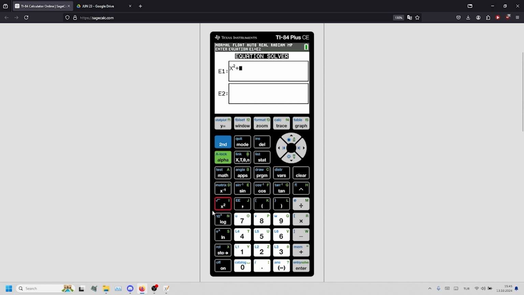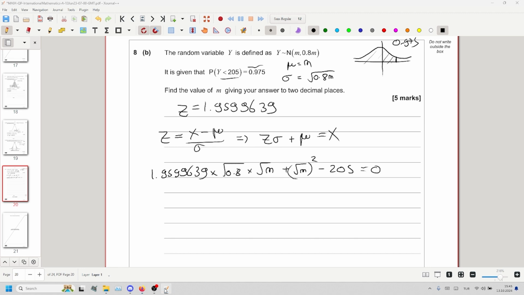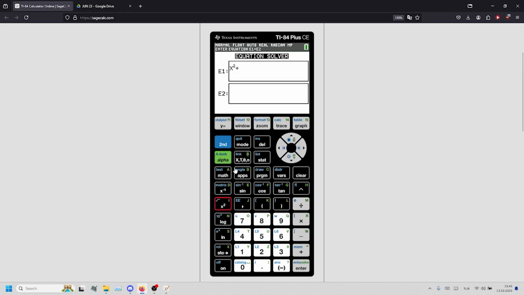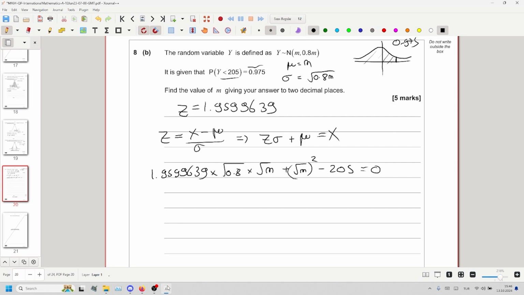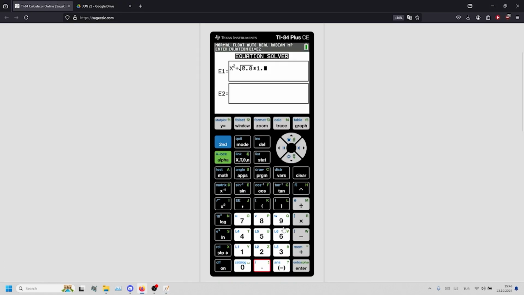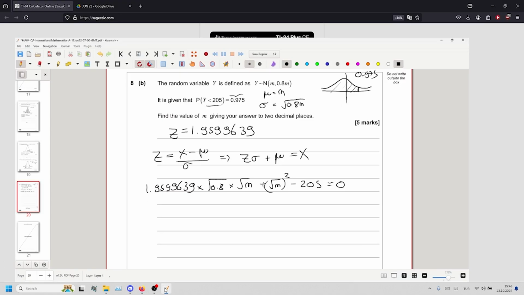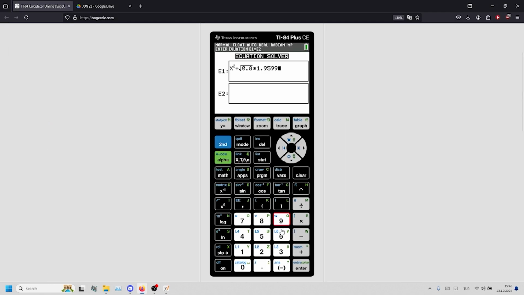So that is root m x plus root 0.8, so that would be the square root of 0.8 multiplied by 1.959969 multiplied by x, and then minus 2.205, and that should equal 0.